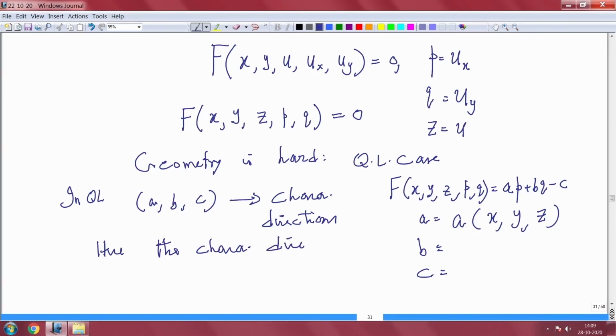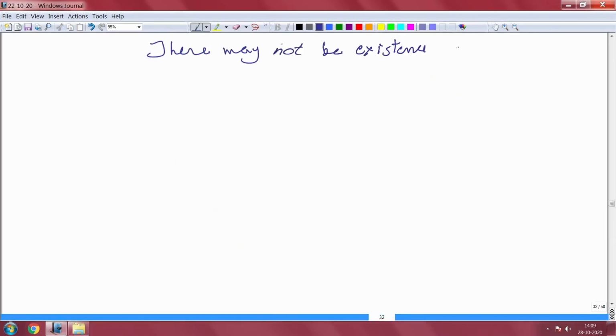So, we have to find out those directions. That is a difficulty here. So, we need to do something more about the geometry, but then there are more difficulties. There may not be existence, you may not be able to solve.